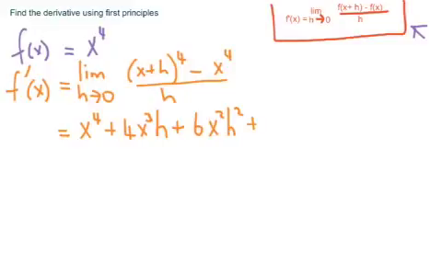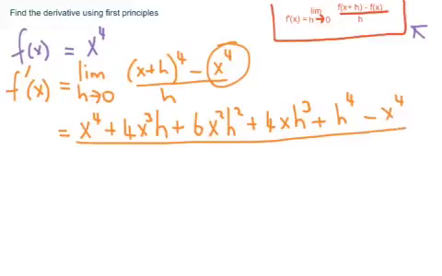The next coefficient is 4 again, so I'm down to x. H goes up to 3, and then finally my coefficient is 1, and it's h to the 4. So that's x plus h to the power of 4, and of course I have to go minus x to the 4 for this term here, right? And the whole thing is divided by h.